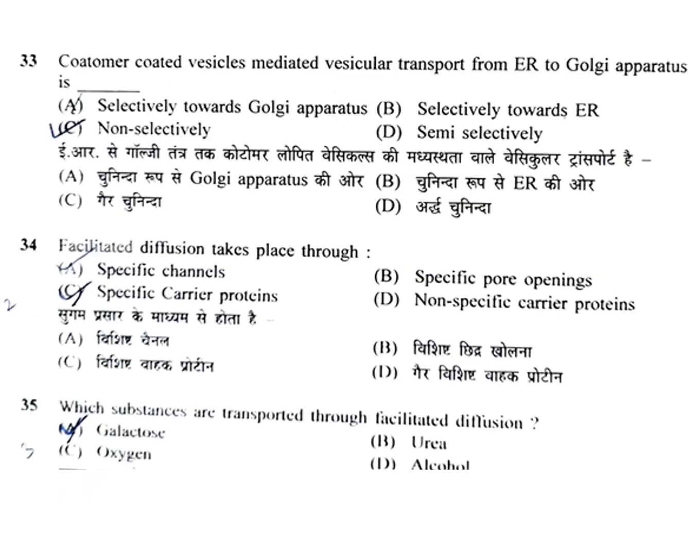Next question: coatomer coated vesicle mediated vesicular transport from ER to Golgi is selective towards Golgi apparatus, selective towards ER, non-selective, or semi-selective. The answer is it is non-selective in nature.